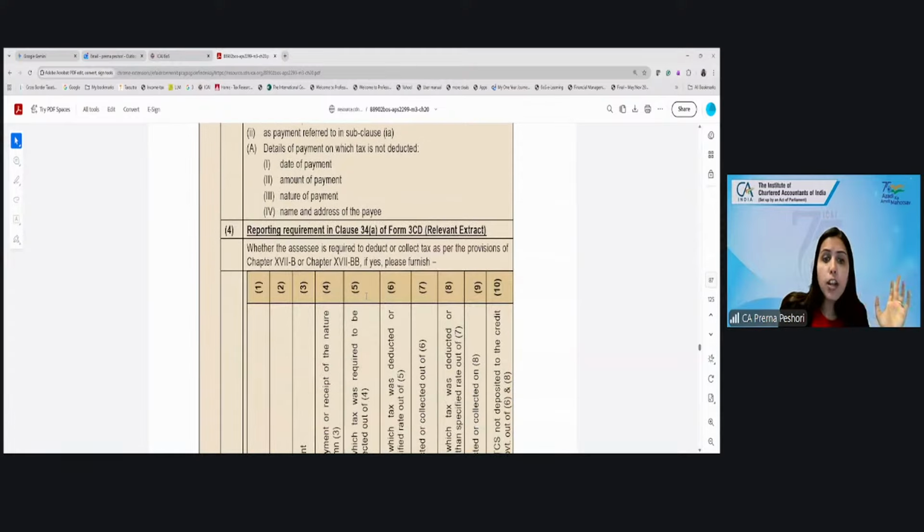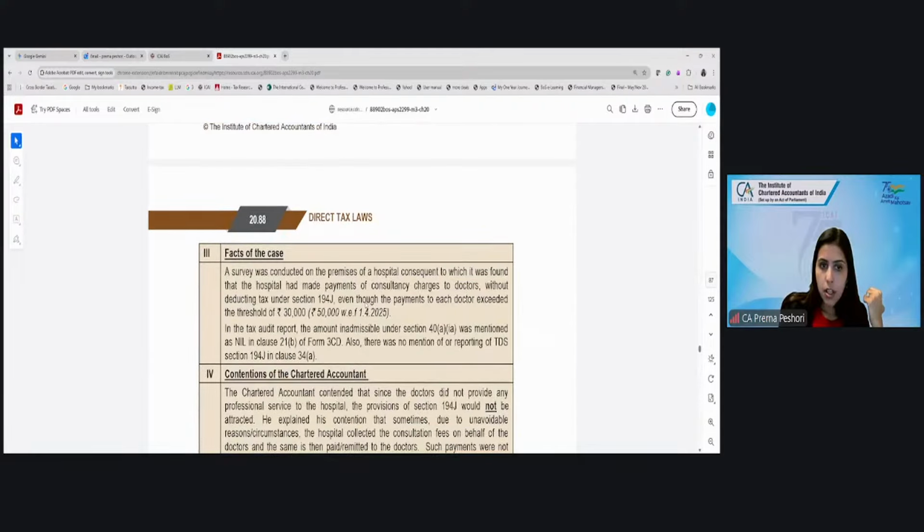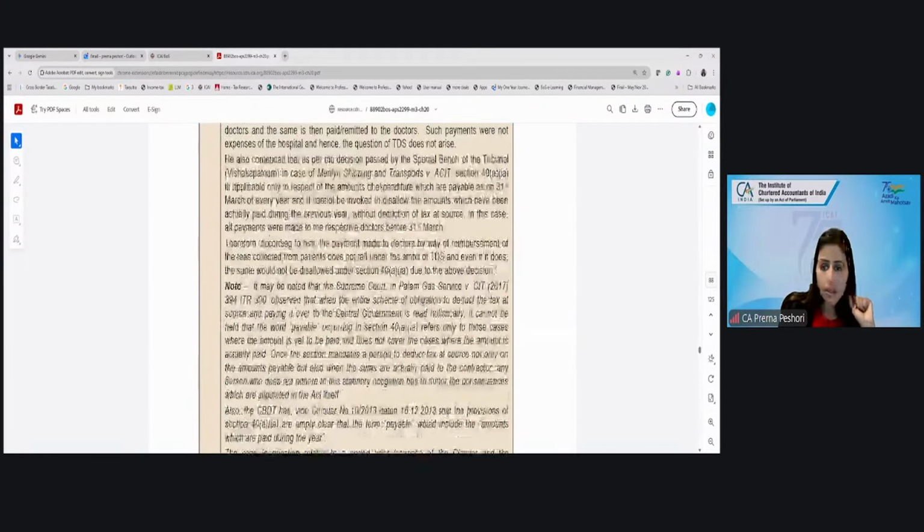And in 34(a), you are required to report the TAN, nature of payment, section number, total amount of payment, total amount on which tax was required to be deducted, actual tax deducted, right? And total amount on which tax was deducted at lesser than that rate, right? And the amount of tax deposited to the central government. So now what do you think should be done in this case?